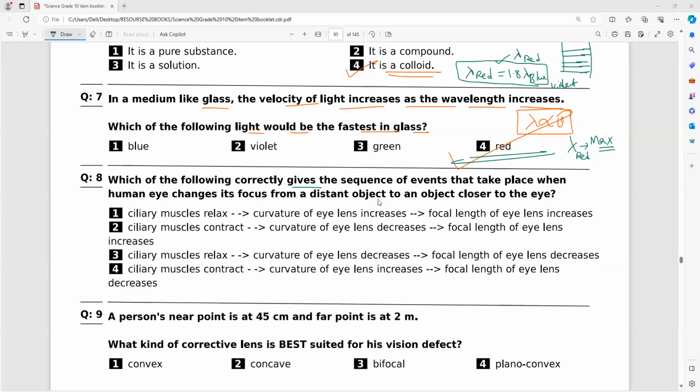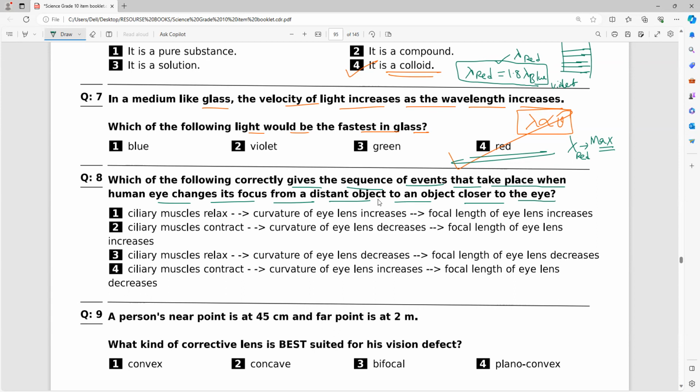Next. Which of the following correctly gives the sequence of events that takes place when the human eye changes its focus from a distant object to an object closer to the eye? So you see, guys, what change are they asking about when you shift your view from a far object to a near object?